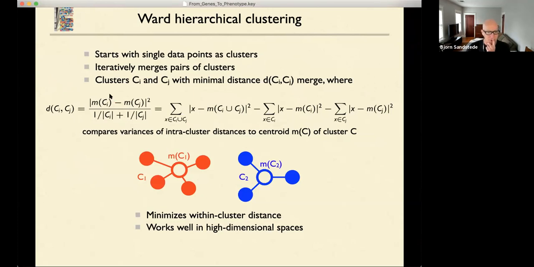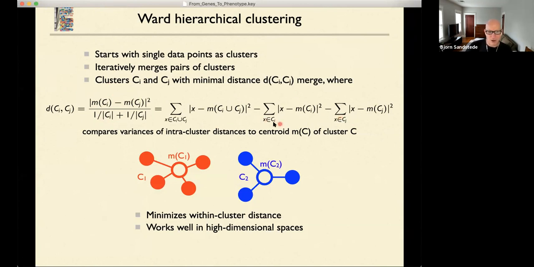M of C is the centroid, the center of mass of cluster C. You can think about comparing the distance between the centroids of two clusters, weighted with the algebraic or the geometric mean of the size of their clusters. That's one way to think about it.